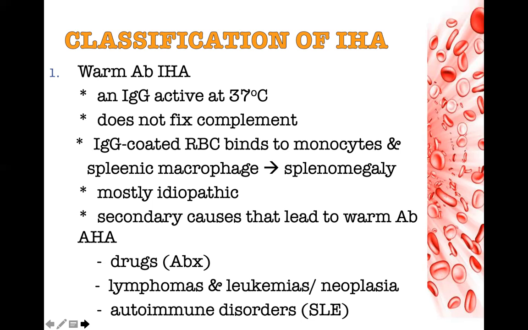Most of the time, warm antibody immune hemolytic anemia is idiopathic. Secondary causes could be drugs, lymphomas, leukemias, or autoimmune disorders like what we see in SLE.